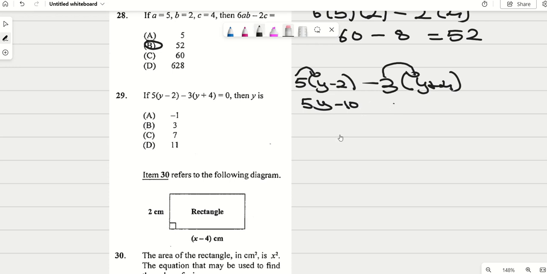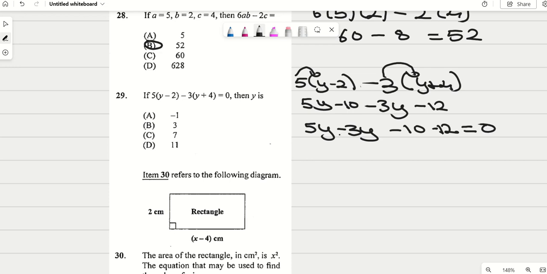Minus 3 by y is minus 3y, and then minus 3 by positive 4 is minus 12. So we have 5y minus 3y minus 10 minus 12 is equal to 0. So 5 minus 3 is 2y minus 22 is equal to 0.